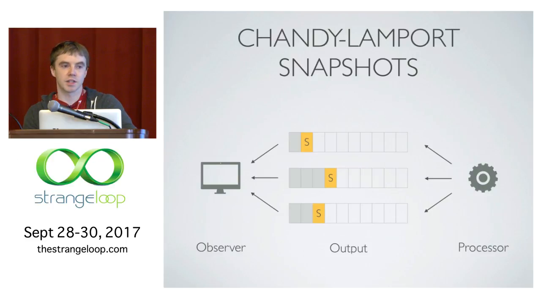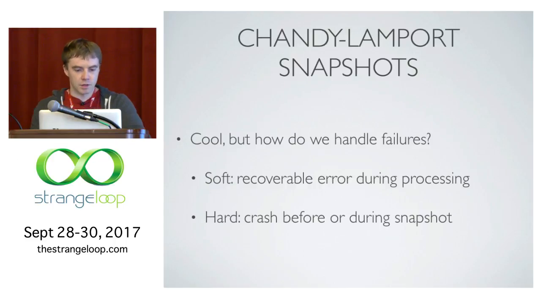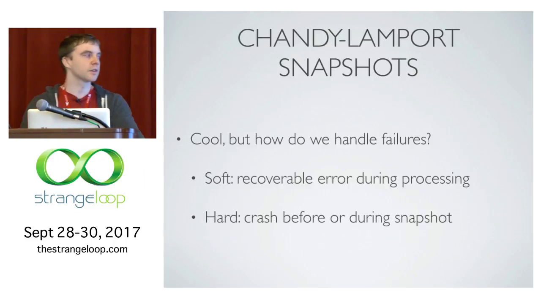And once it gets all the snapshot markers, it knows it's reached a consistent point. And similarly, you continue on to the next phase of computation, and you continue to write markers, just like that.